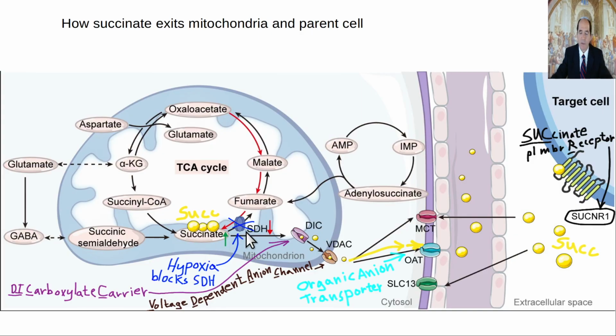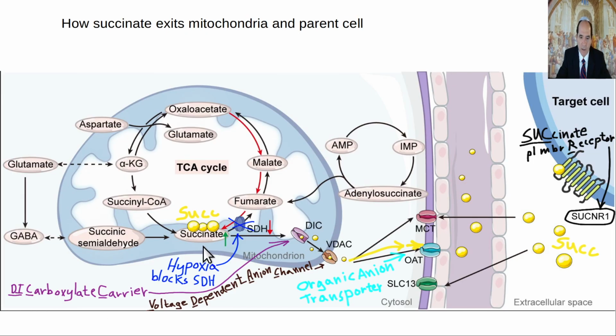Succinate dehydrogenase runs into hypoxia. It starts to go in reverse, which can convert fumarate to succinate. Succinate accumulates. It'll exit the mitochondria through what is called DIC, but it's really DICC, dicarboxylic, because succinate is a dicarboxylic acid by its chemical structure.